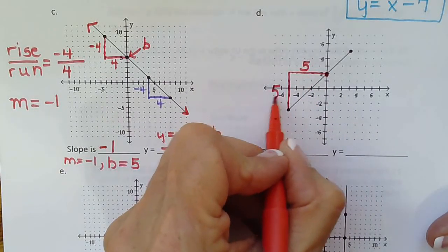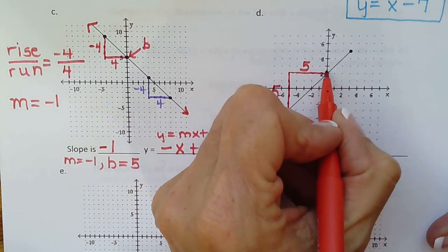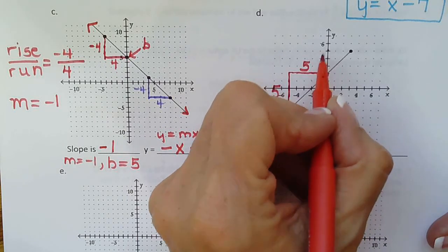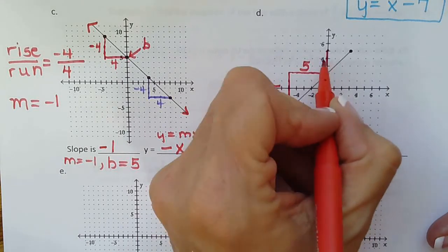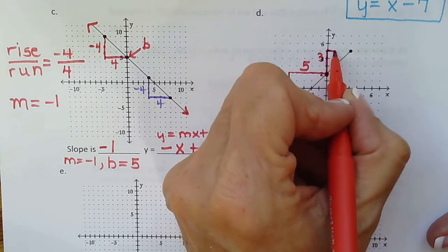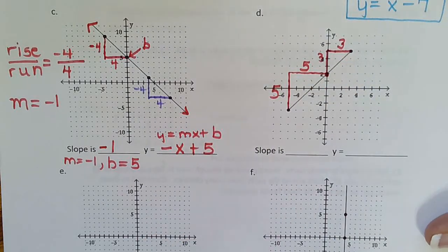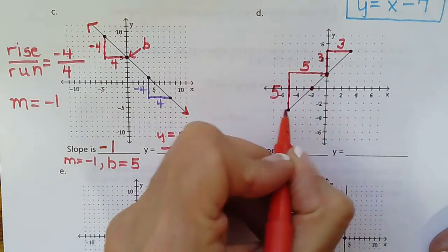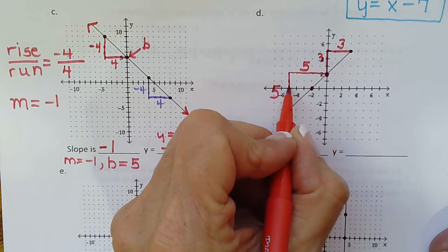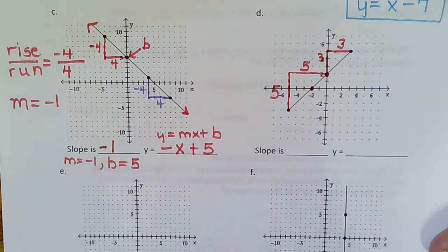So rise 5, run 5, or we could use this point, 1, 2, 3 over 1, 2, 3. Both of them are 1, right? 5 over 5 is 1, 3 over 3 is 1. And even if we use this point, we would have had rise 3, run 3, 3 over 3.